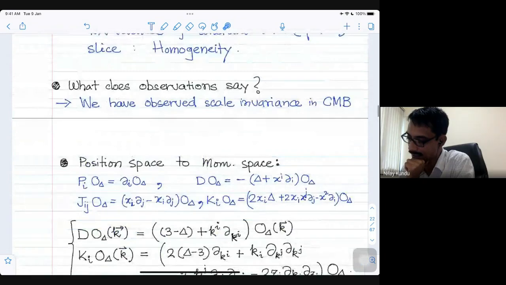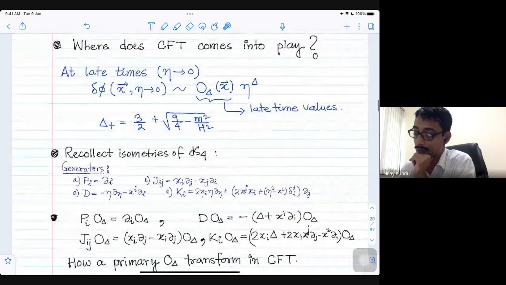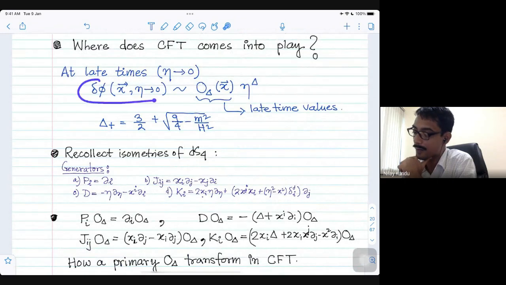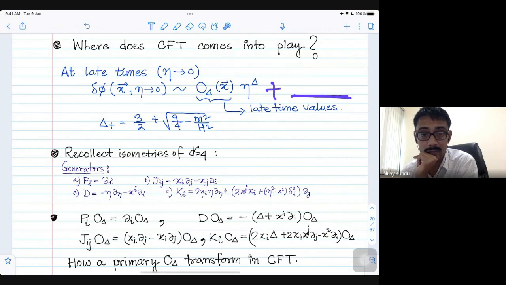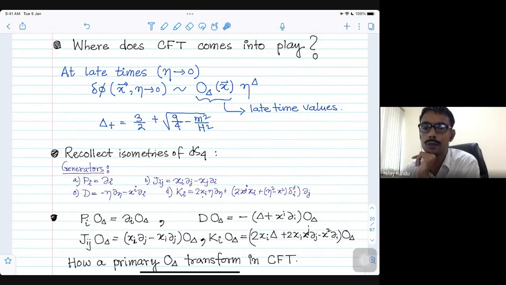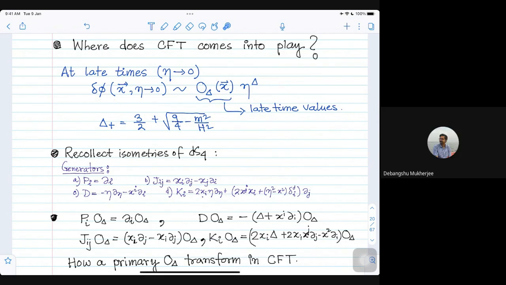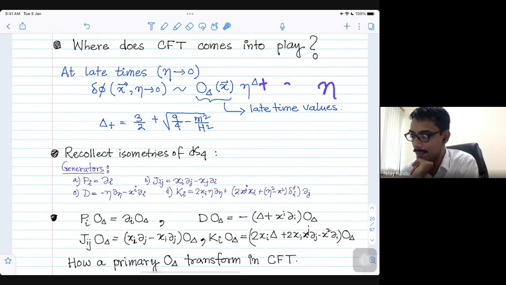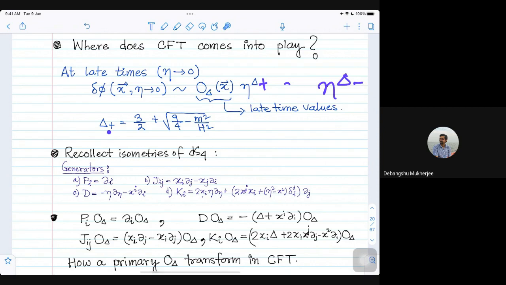Yes. I didn't say this, but for those of you who are familiar with AdS/CFT correspondence, there is one more mode here. This is not like the BF bound, I should not think of it like a BF bound in AdS. It is just a falloff condition of a scalar field in the late-time space. But I deliberately didn't write the other mode: if this is eta to the delta plus, there should be eta to the delta minus, and I should have written delta plus minus.